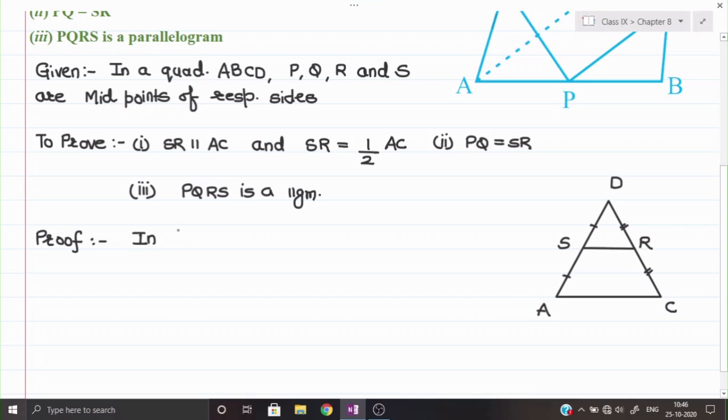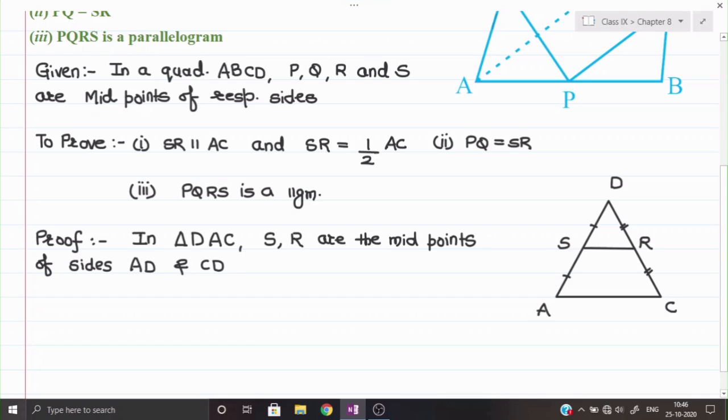So in triangle DAC, I will write S, R are the midpoints of sides AD and CD respectively. Now we can write, therefore, by midpoint theorem.